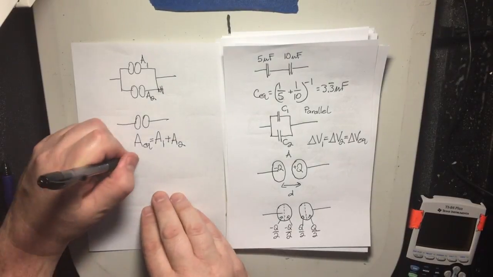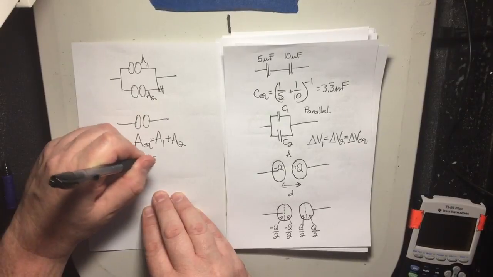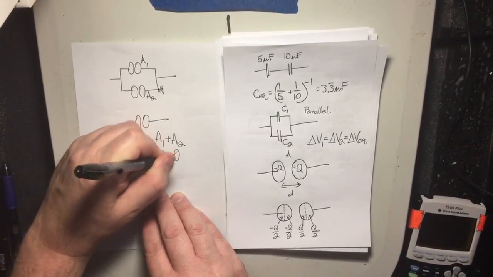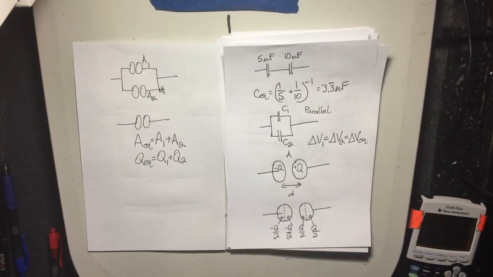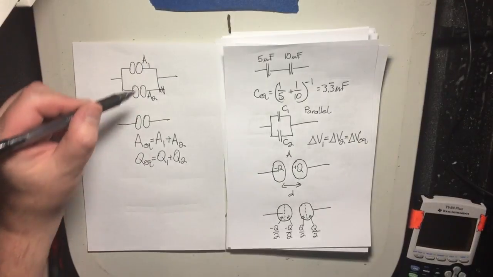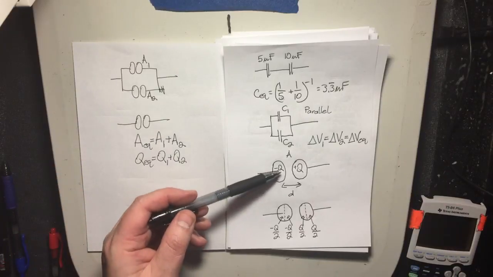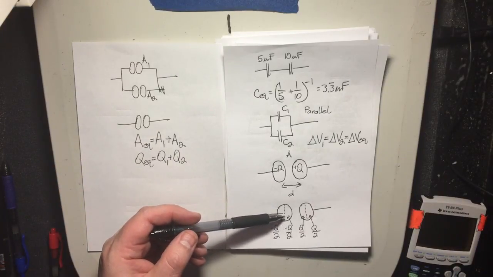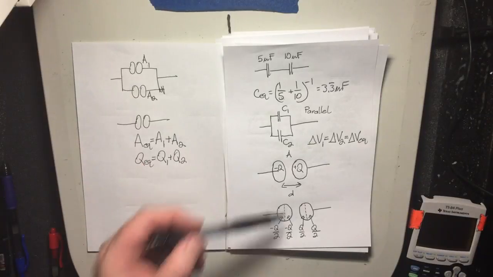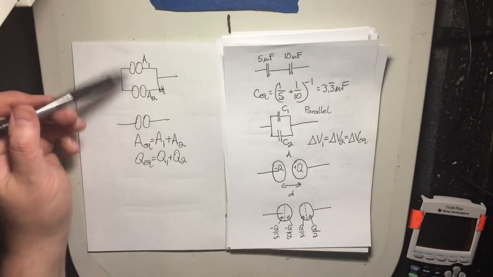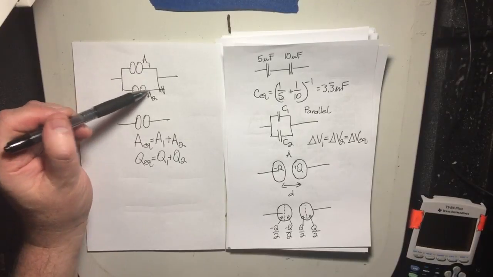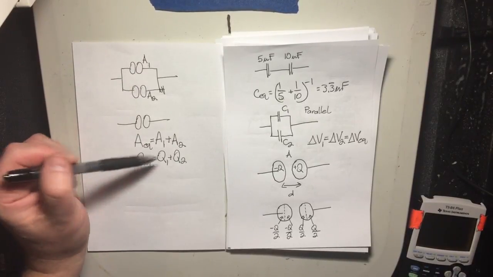So effectively, Q equivalent is equal to Q1 plus Q2. When you're dealing with capacitors in parallel, the charges add. So effectively, it's almost like we start like this, we draw our little dotted lines, and then the capacitors separate, but are still connected to effectively the same wire. So the charges add up.